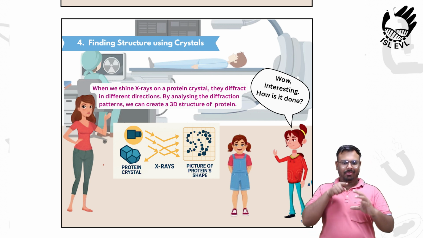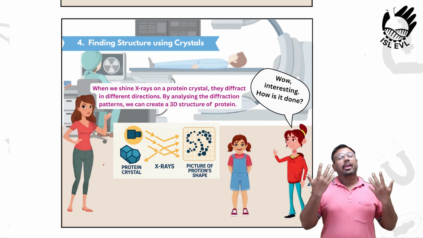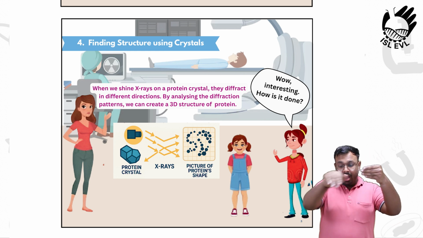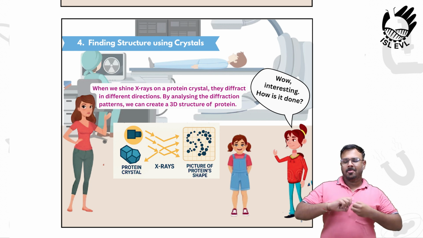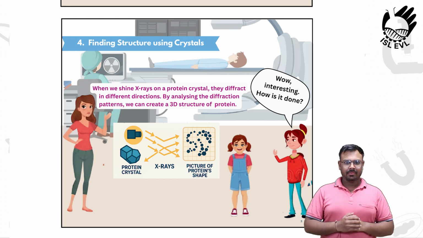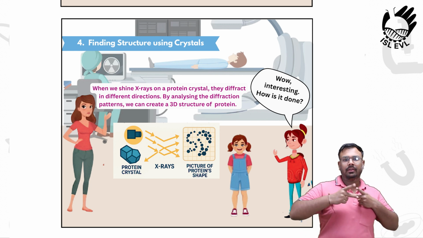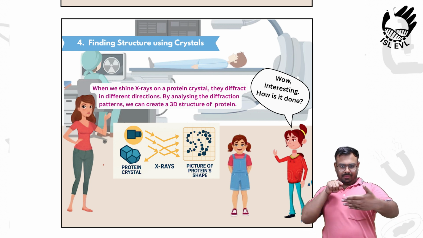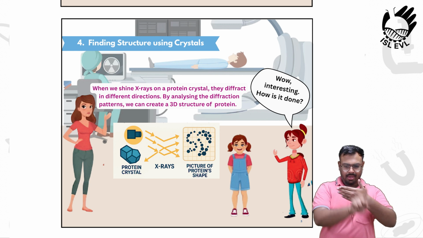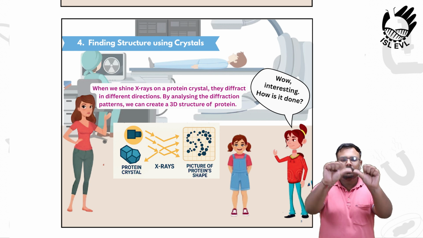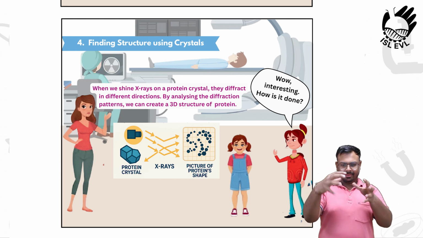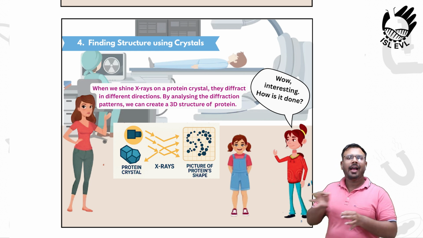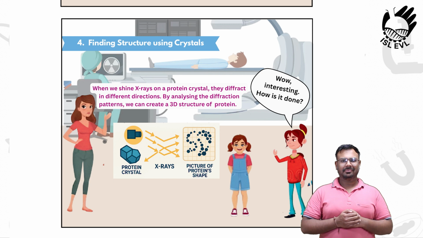When we shine X-ray on a protein crystal, they diffract in different directions. By analyzing the diffraction patterns, we can create a 3D structure of protein. Wow! Interesting. How is it done?